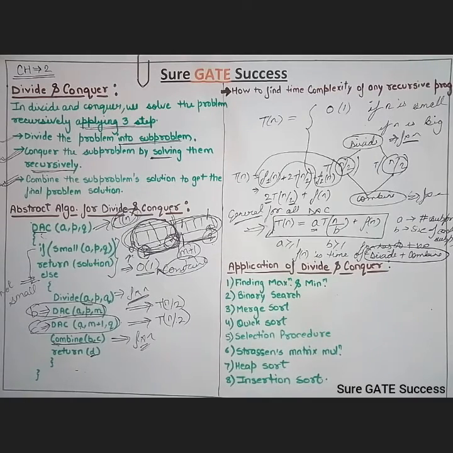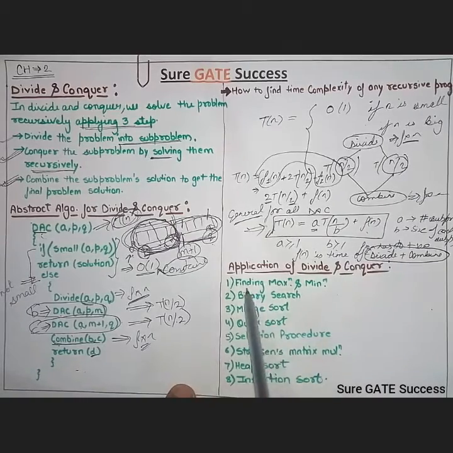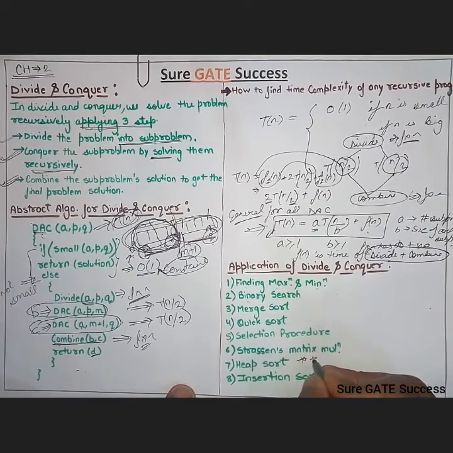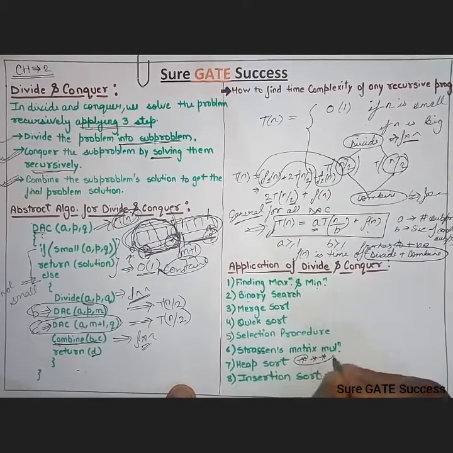There are a few applications of divide and conquer, such as finding maximum and minimum, binary search, merge sort, quick sort, selection procedure, Strassen's matrix multiplication, and heap sort. This one is the most important.